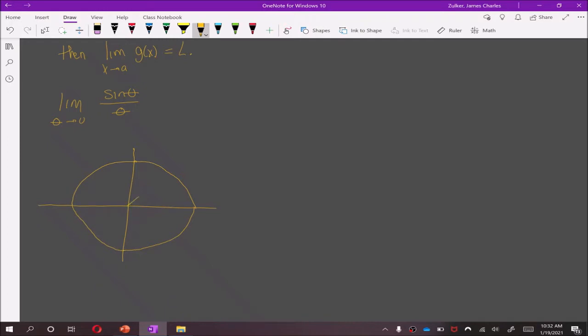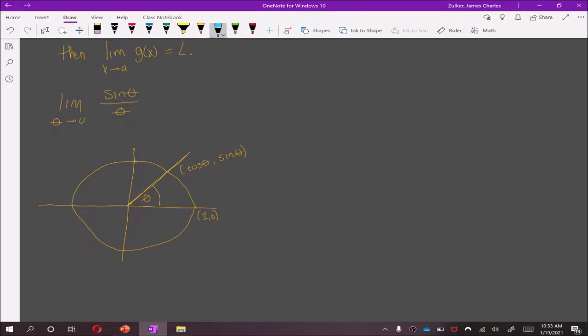We have this ray here, makes an angle of theta. And obviously this is the point here, 1, 0. This point up here is the point cosine theta, sine theta.